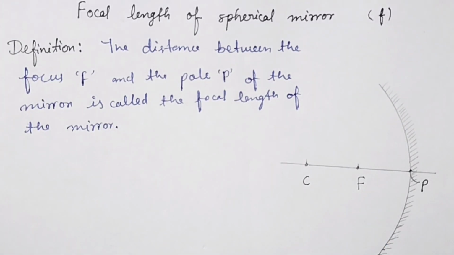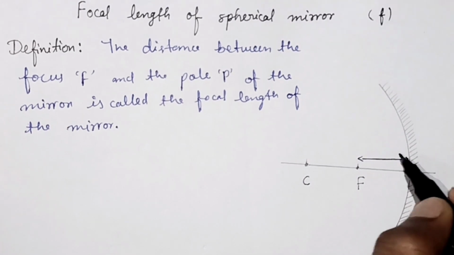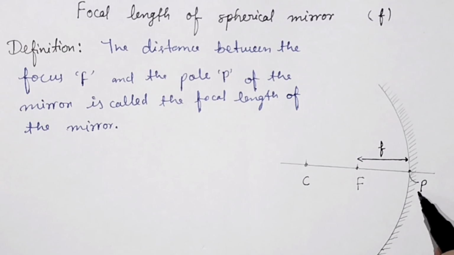So here we go. This is the focal length, denoted by small f. This is the pole.